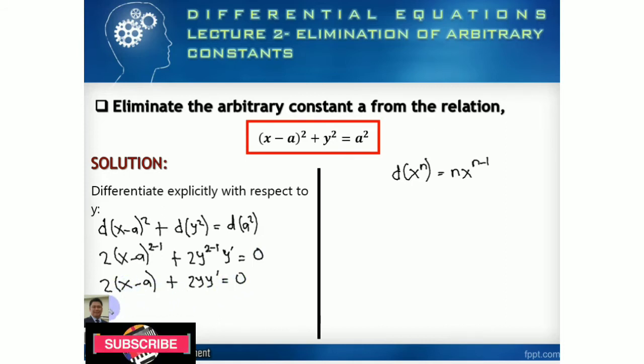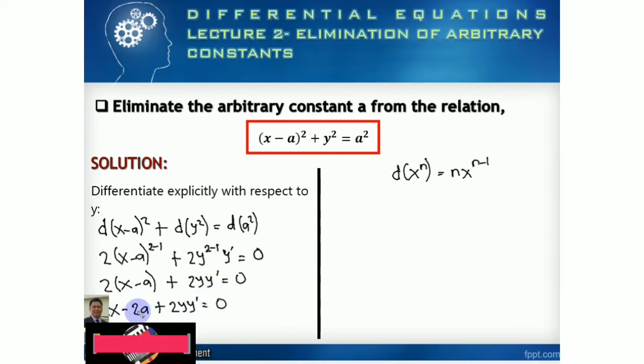So simplifying, we distribute this one, so we have 2x minus 2a plus 2y y prime is equal to 0.